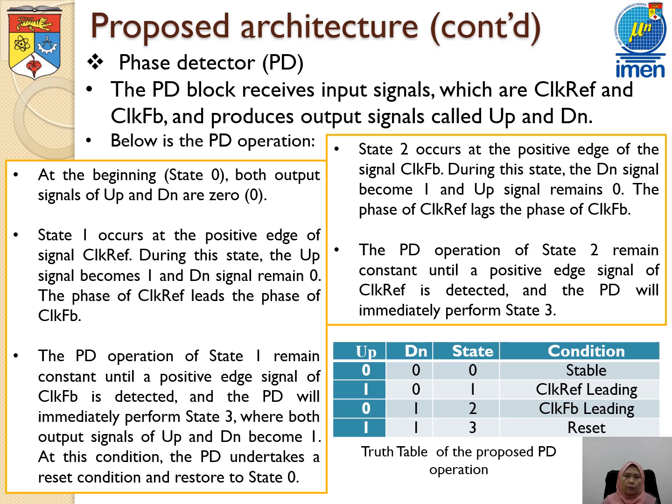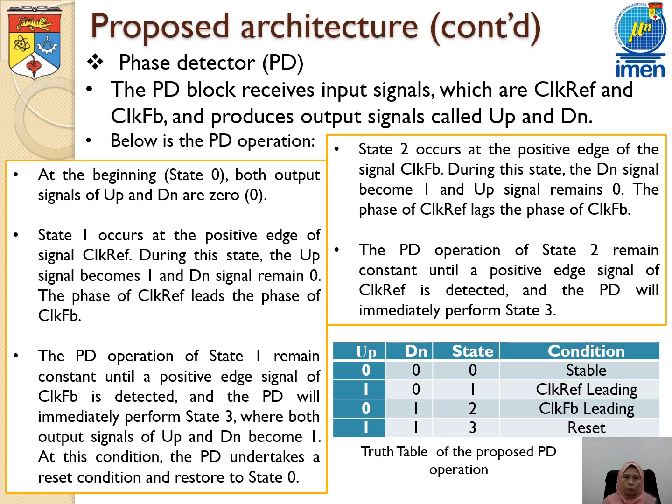So the PD will remain in state 1 until a positive edge of the clock feedback is detected. Then the PD will immediately go to state 3, where up and down are both 1. Under these conditions, the PD is reset and then restored back to state 0.